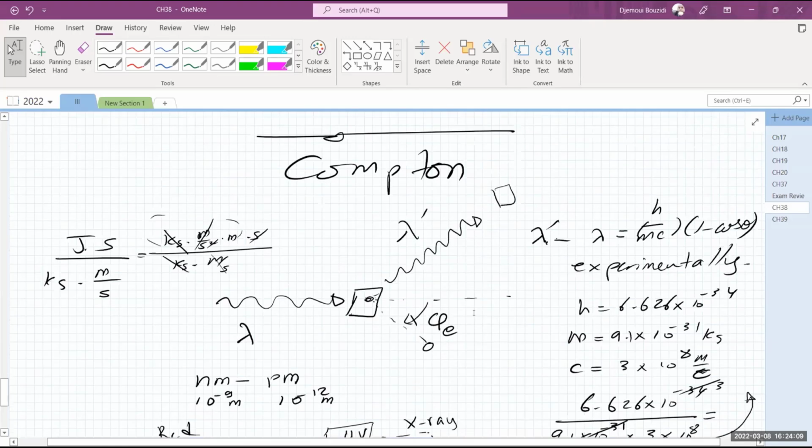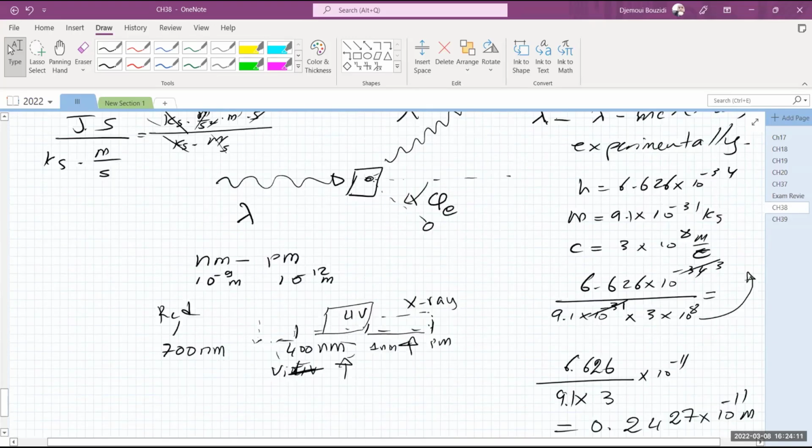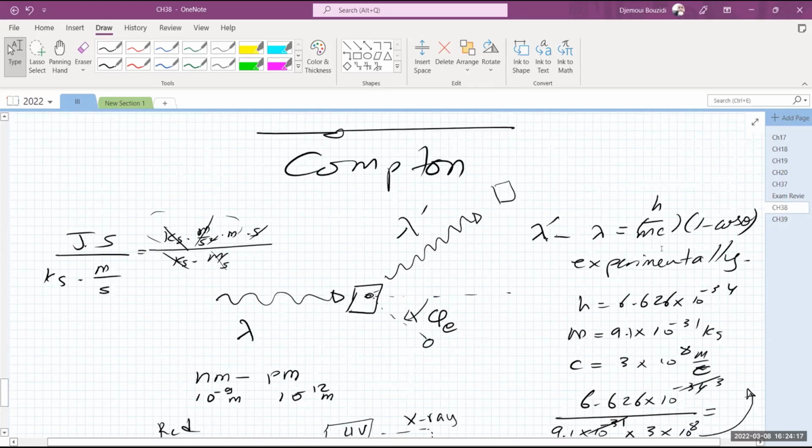That's why you don't see it for the case of, for example, the UV or even the visible light or even the long wavelength. You can't really see that except when you are dealing with short wavelengths. When you're dealing with short wavelengths, the Compton effect, which is what we're talking about here, becomes significant. So it's significant only in the range of X-rays and probably gamma rays. Okay, makes sense?